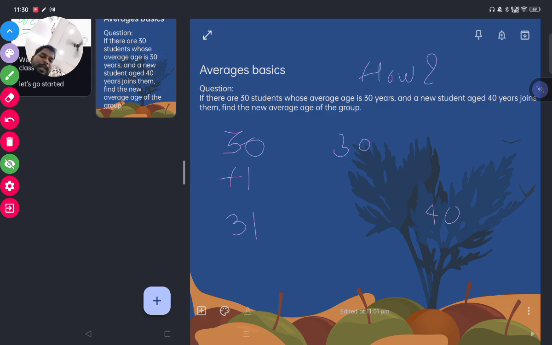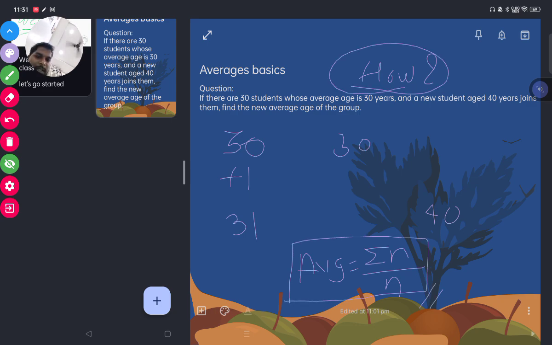So let us look at the given data. We know the average formula: average equals the summation of the values of the n quantities upon the number of quantities. So try to link them, so that the question's answer is here.